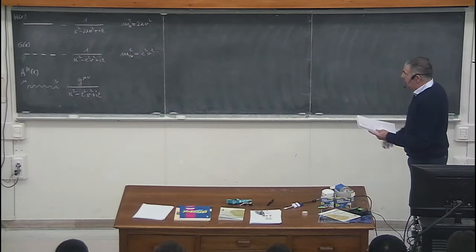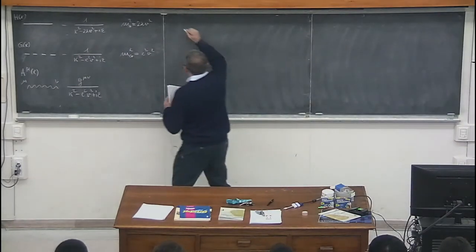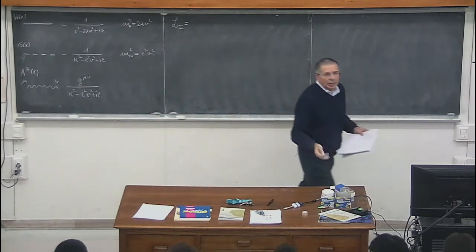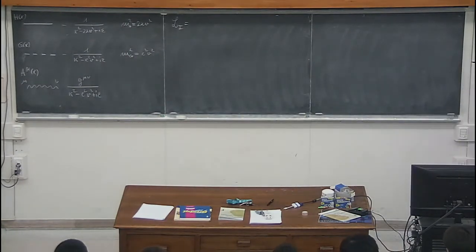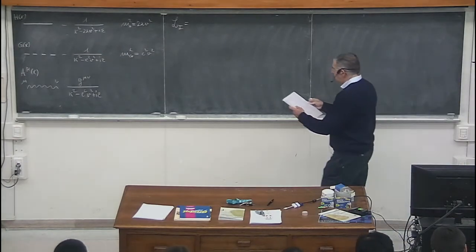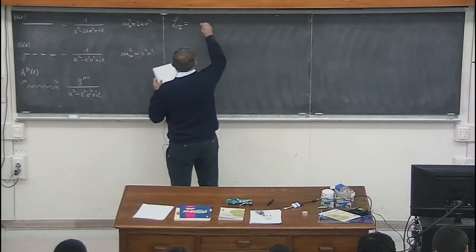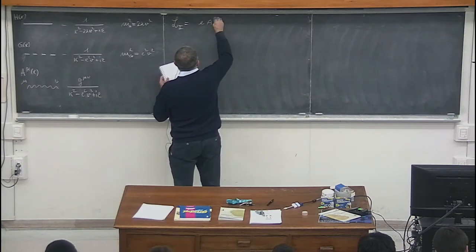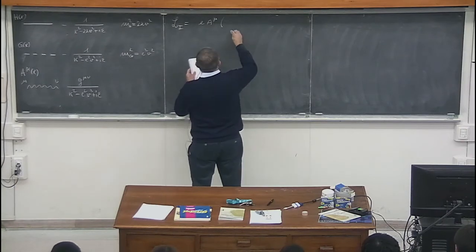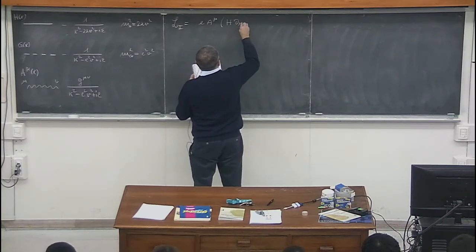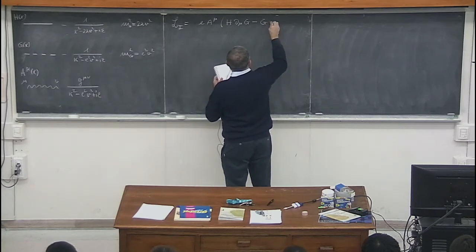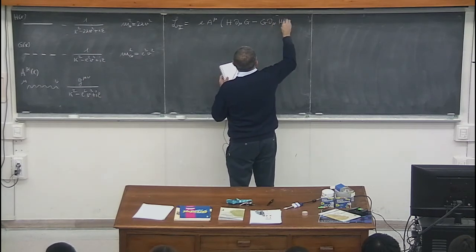So what is the interaction Lagrangian? The interaction Lagrangian is all the rest, all terms which are not quadratic in the fields. So it's just a matter of algebra to work them out. Let me write them down. There is a term which corresponds to the interaction of the vector field with the scalar field, and this term is like this: h d mu g minus g d mu h.